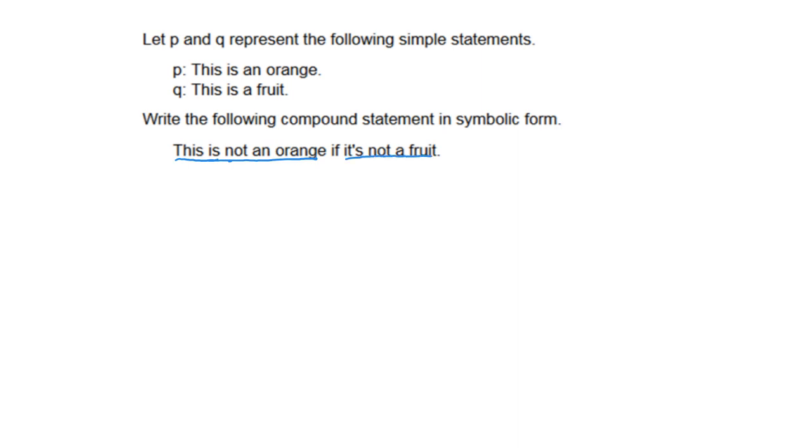And once you see this word if, what you should consider doing is rewriting this. Think of your if-then statement or conditional. If it's not a fruit, and you can think of a comma here if you'd like, this is not an orange.